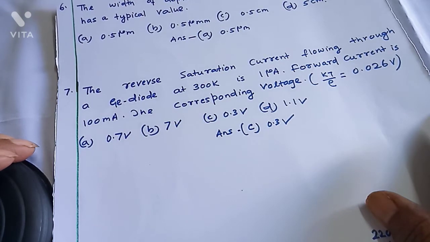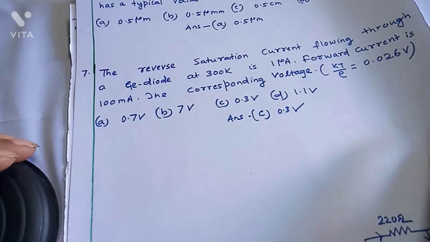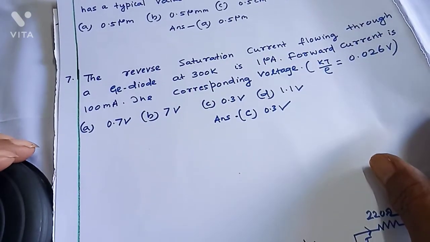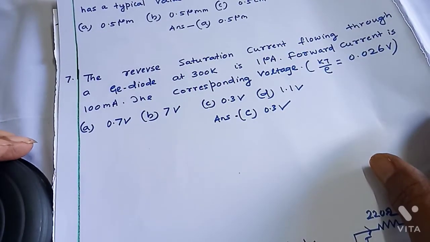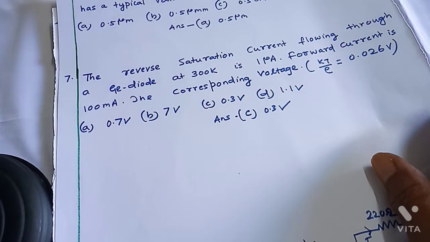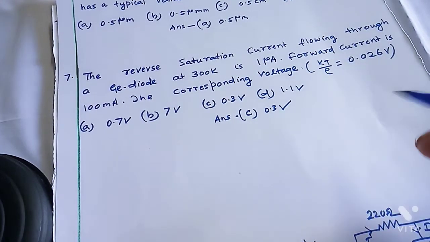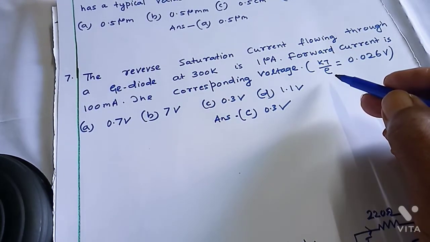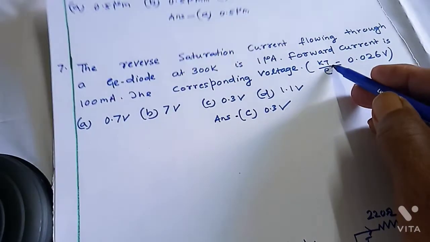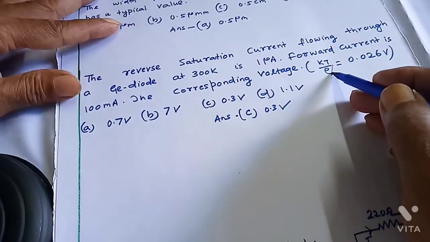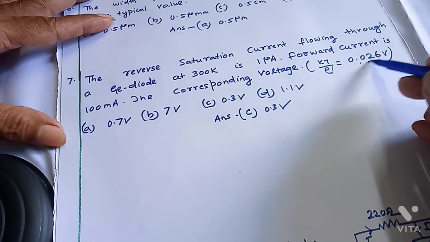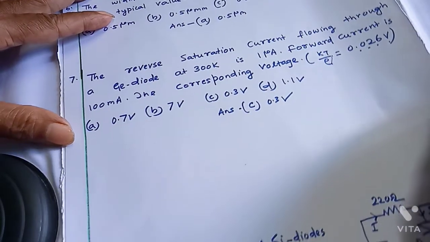Forward current is 100 milliampere. The corresponding voltage we have to find out: 0.7 volt, 7 volt, 0.3 volt, 1.1 volt. Given kT by E, K is Boltzmann constant, T is temperature, E is charge of electron, it is equal to 0.026 volt. Now how to find out?